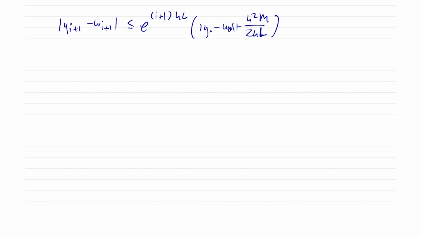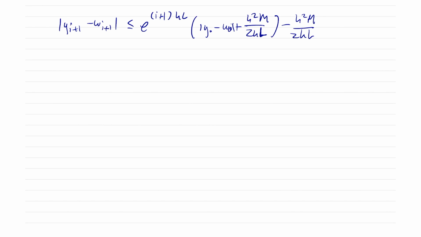We have |y_{i+1} − w_{i+1}|, coming straight out of Lemma 5.8, is less than or equal to e^{(i+1)hL} times |y_0 − w_0| plus (h²M/2hL) times (e^{(i+1)hL} − 1).